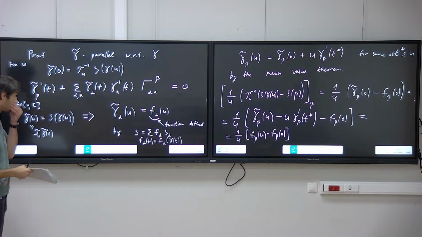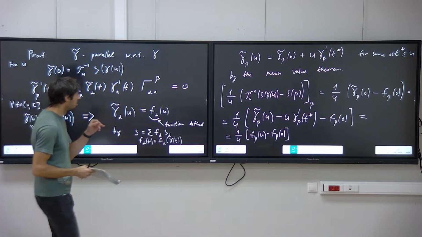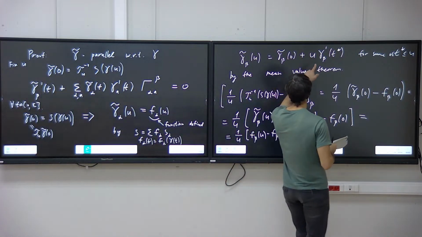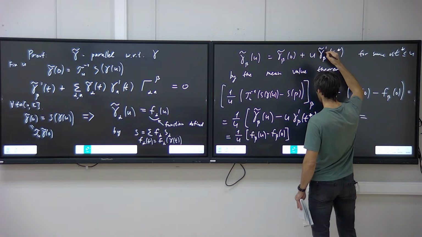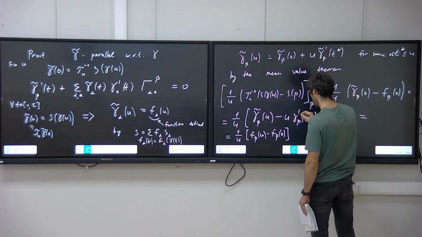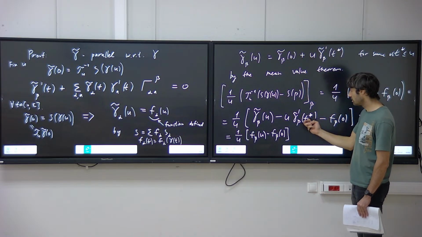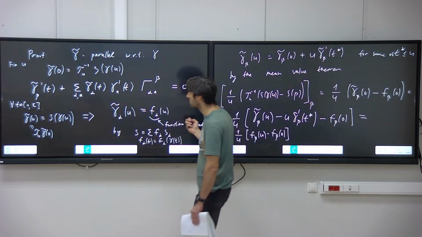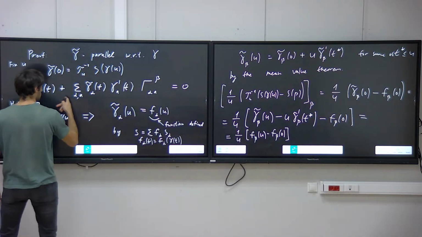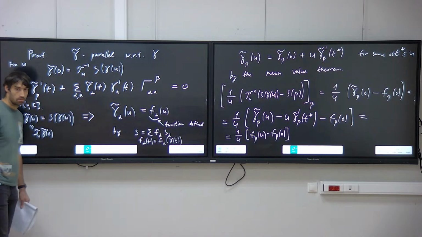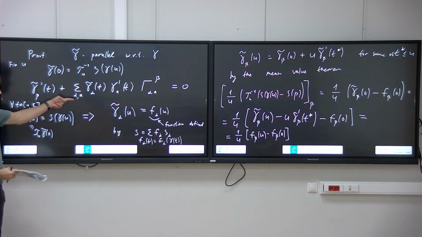By the way, here I have to write tilde, and here as well. And gamma tilde prime I can express through gamma tilde and gamma prime using this equation.